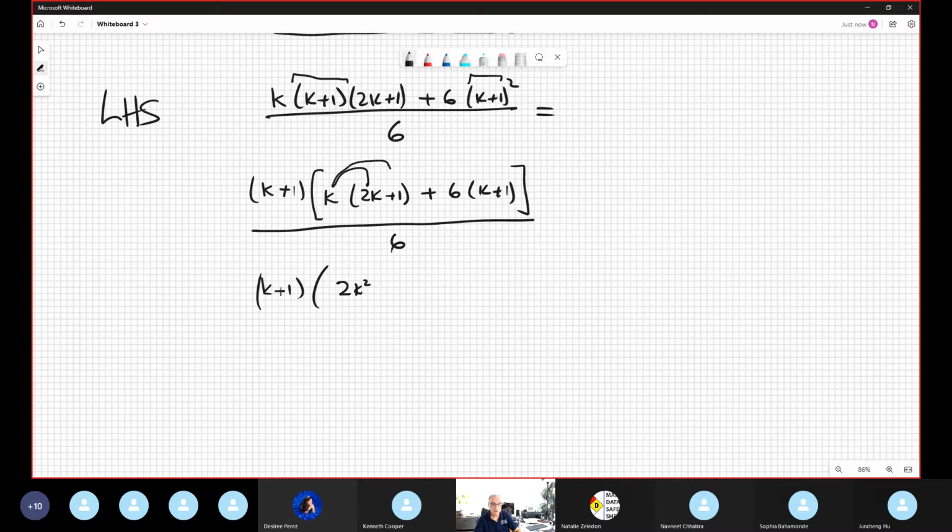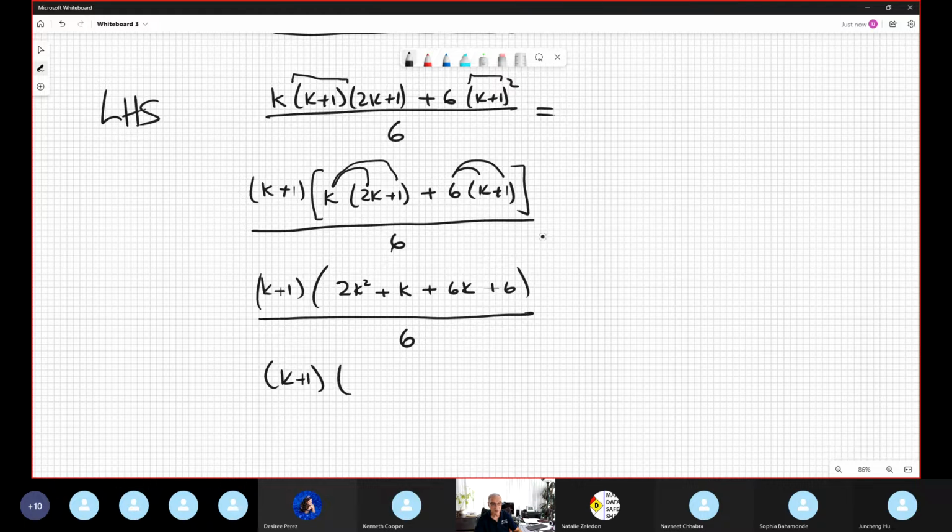This time this, and this time this, plus k, plus 6k, look, the distributive property again, plus 6, divided by 6. Wow, no problem. K plus 1, we combine like terms: 2k squared plus 7k plus 6. Okay, cool, divided by 6.